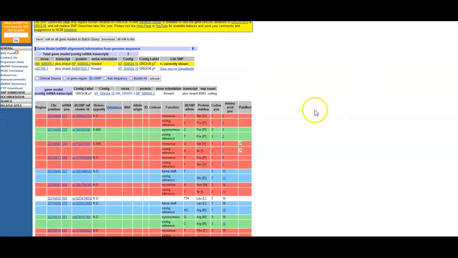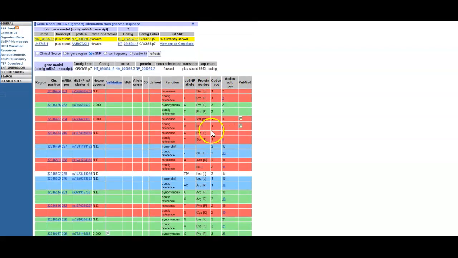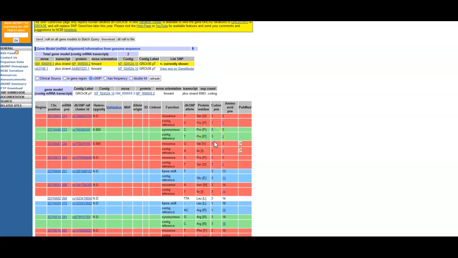Basically this tells you exactly where the mRNA position is, what kind of mutation it would be, what the protein residue is, where that mutation occurs, because obviously this was a missense, so it's going to cause a different amino acid change, and there's a lot more information about it. Now, a lot of these do not cause disease, so it's not like, oh my gosh.